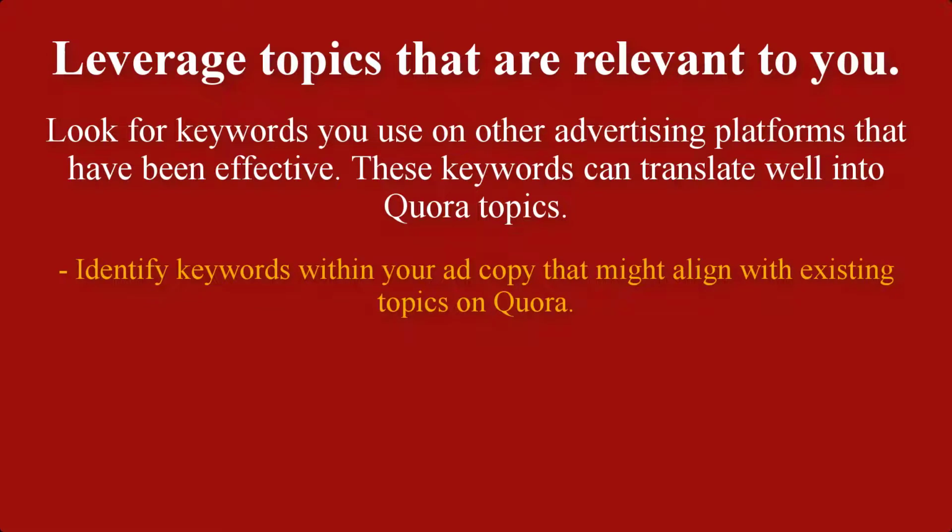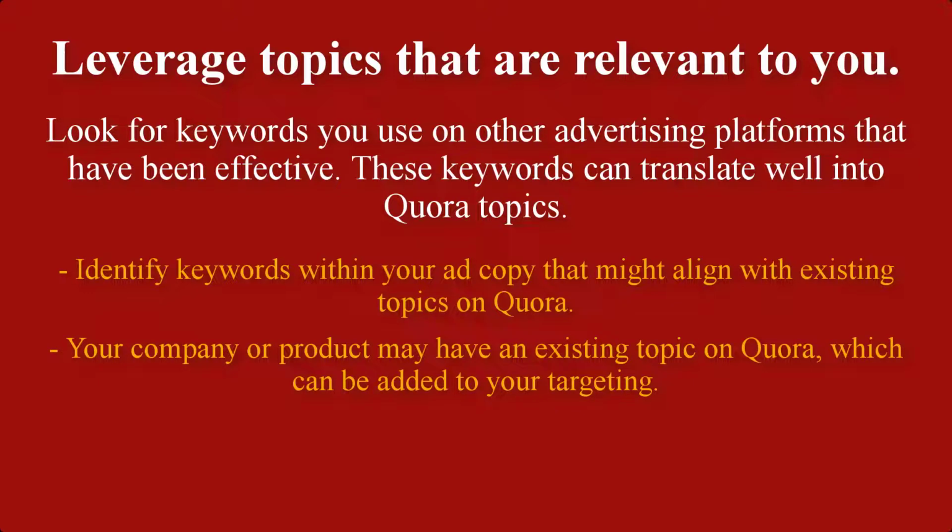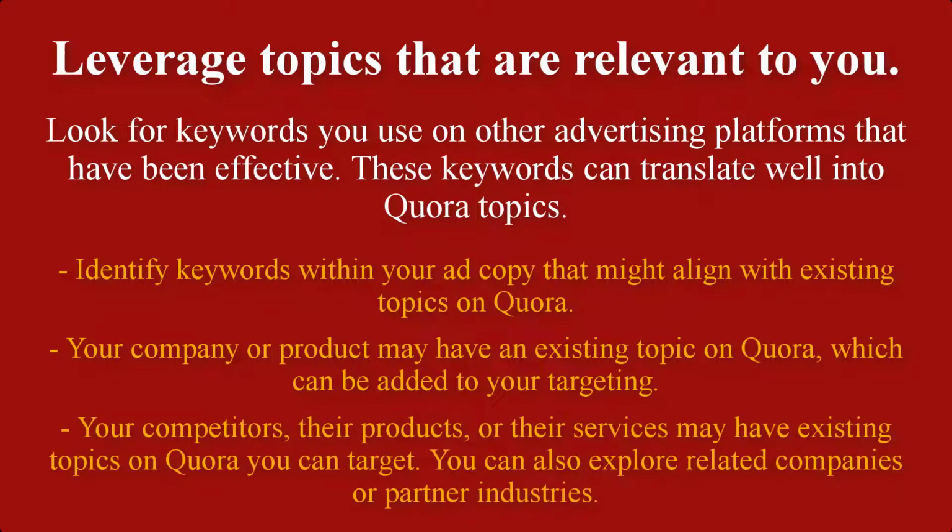Identify keywords within your ad copy that might align with existing topics on Quora. And your company or product may have an existing topic on Quora, which can be added to your targeting. Then, your competitors, their products, and their services may have existing topics on Quora you can target. You can also explore related companies or partner industries.